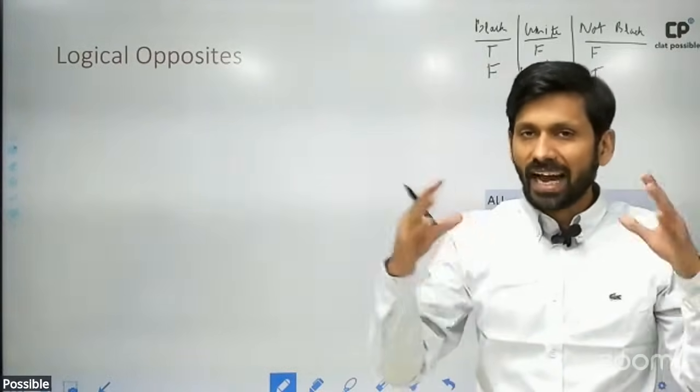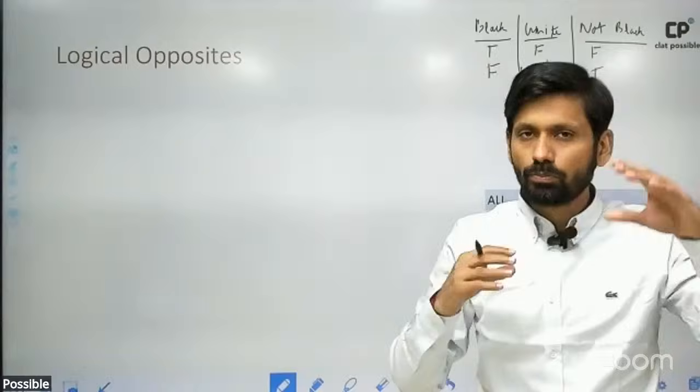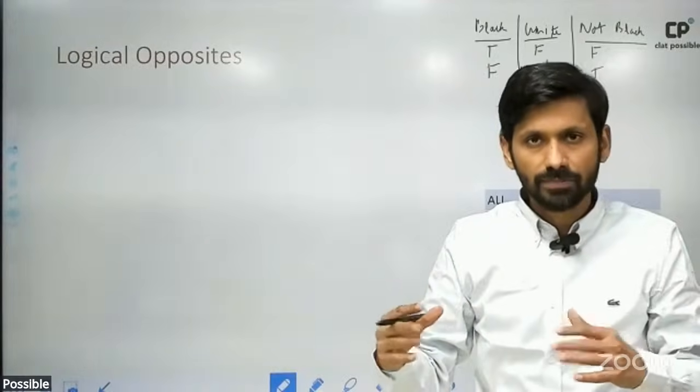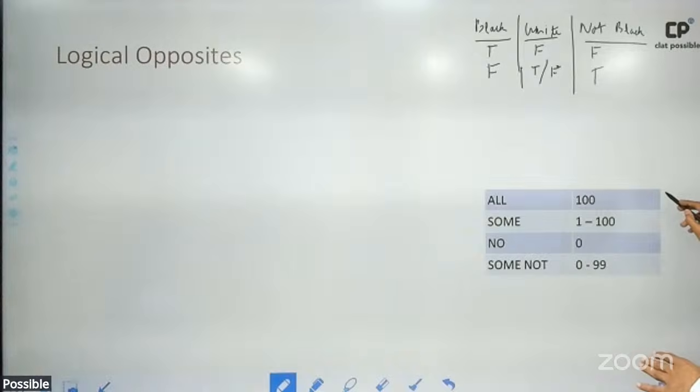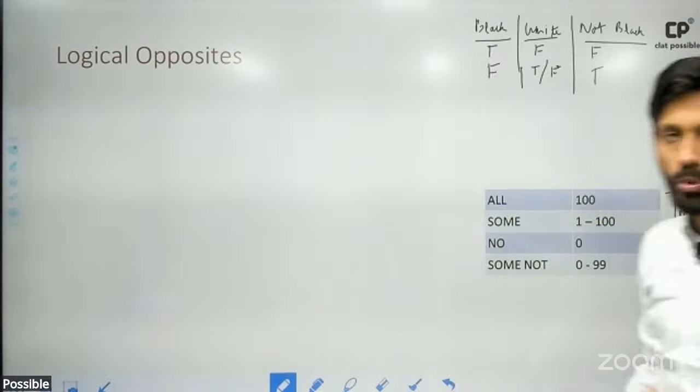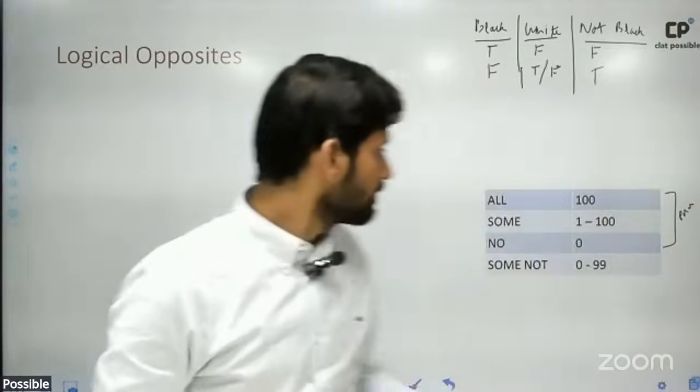So with that, you can build intuition around polar opposites and logical opposites. Now, if you look at these quantifiers, if you look at 100 and 0, these can be called the polar opposites. Obviously, it's like North Pole, South Pole, black and white.